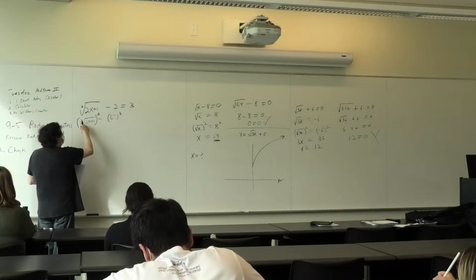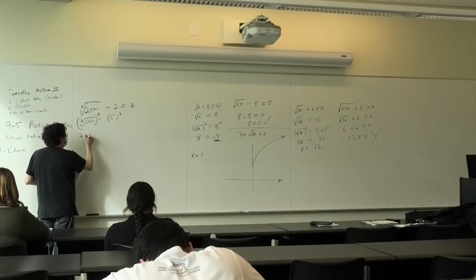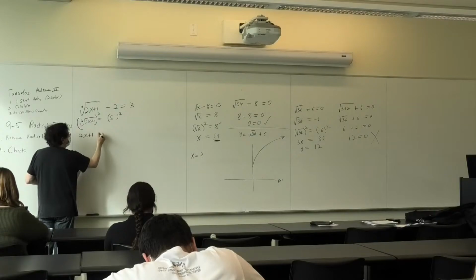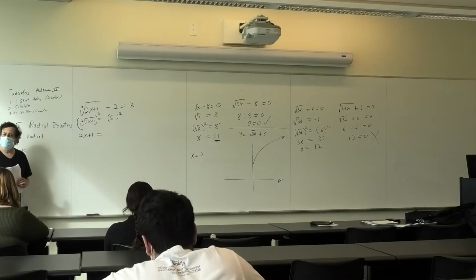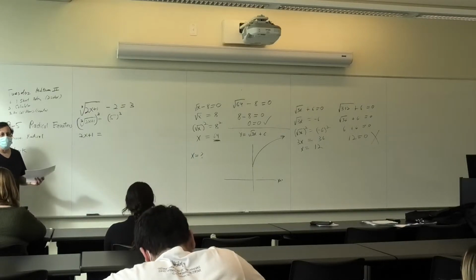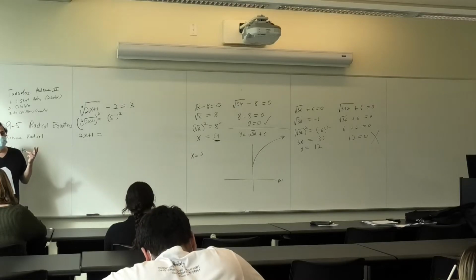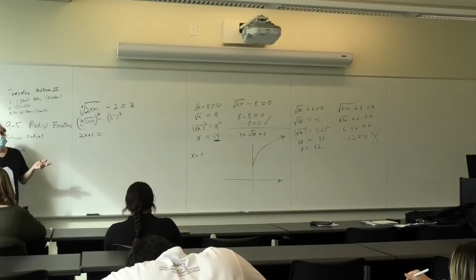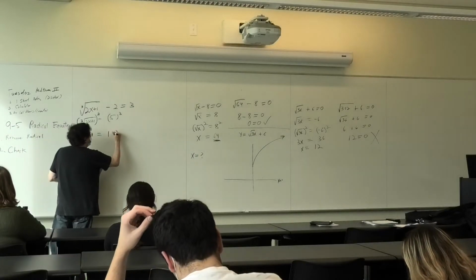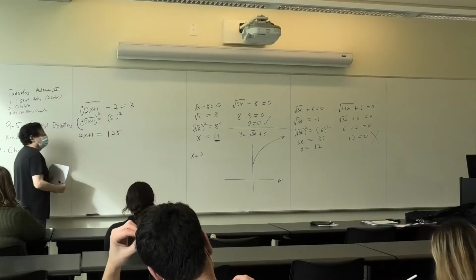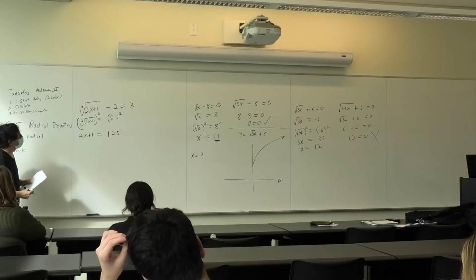Well, the cube root cubed is just going to be 2x plus 1. Does anyone know what 5 cubed is off the top of their head? That's a good number to know. 5 squared is 25, and cubed is 125. It's just easier to remember than a lot of things like that.